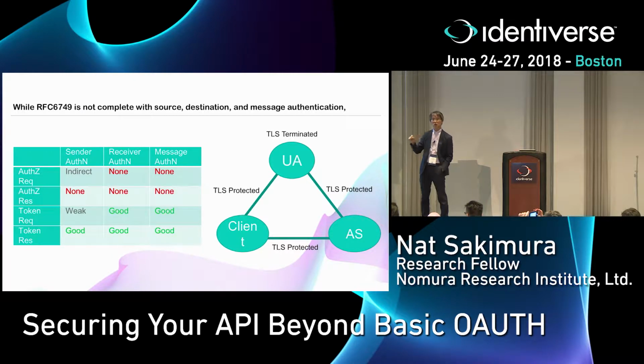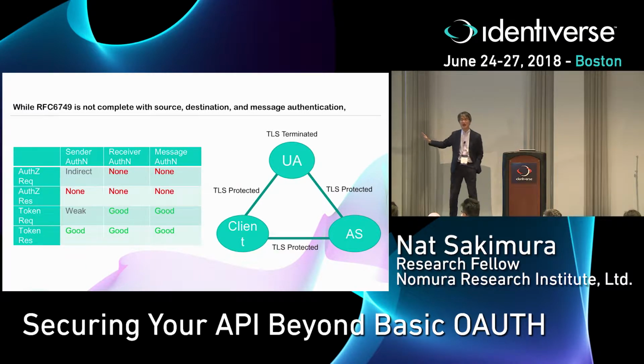But when the communication between client and AS goes through the user agent, the TLS is terminated in the user agent. Therefore, an attacker can come in there and modify the message, swap the message, and do all sorts of bad things. That's depicted in the table on your left. It's saying that it doesn't do sender authentication, nor receiver authentication, nor message authentication.